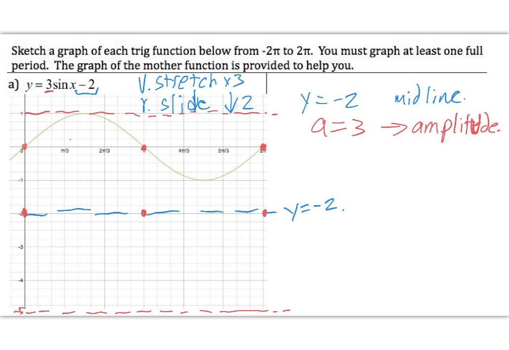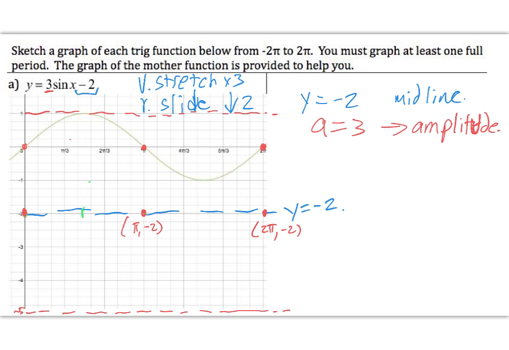That's at (0, -2). This middle one is going to be at (pi, -2). And the one at the end is going to be at (2 pi, -2). Okay, so then we need to talk about the points that are in the middle. What I like about graphs of sine and cosine is that I can go right in the middle of 0 and pi.